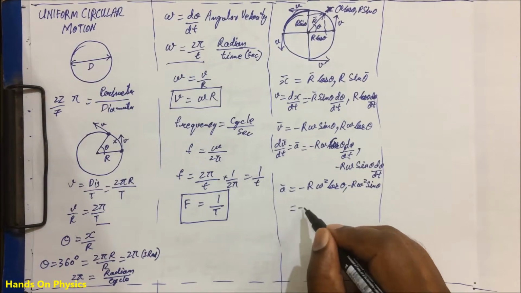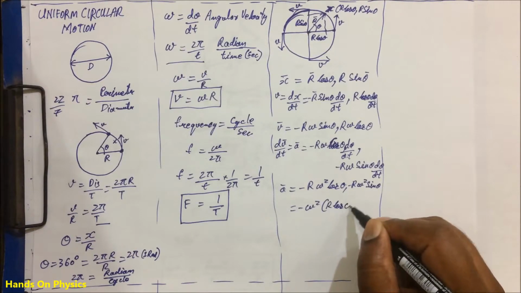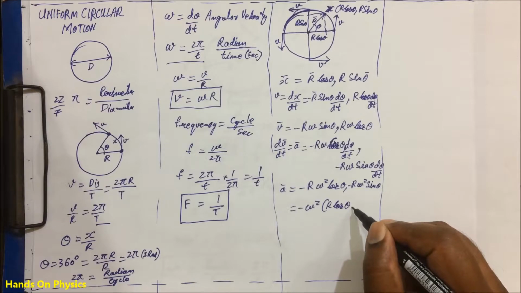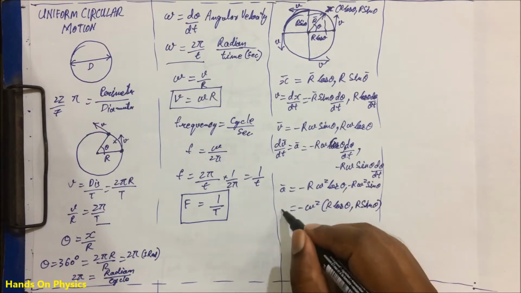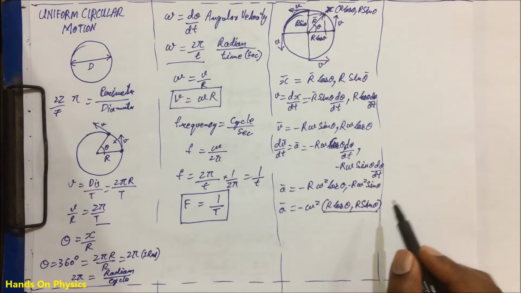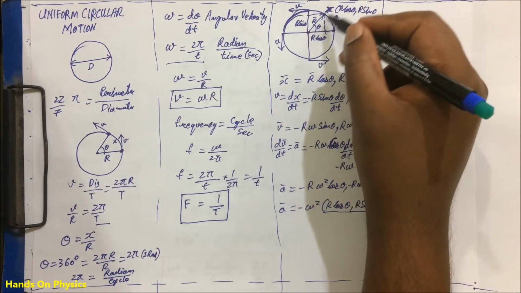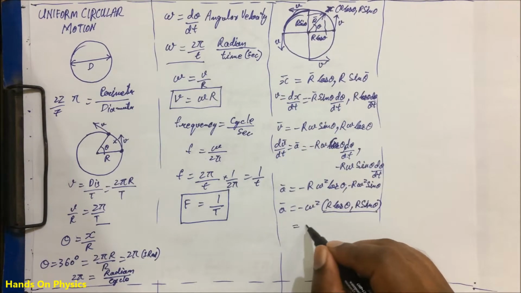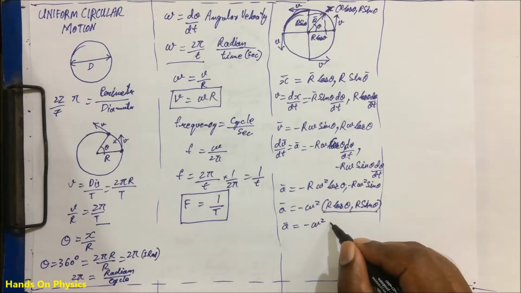If we take minus omega square outside, we are left with r cos theta, comma, r sin theta. If we look at this closely, this is nothing but our position vector x, so we can write acceleration is equal to minus omega square x.